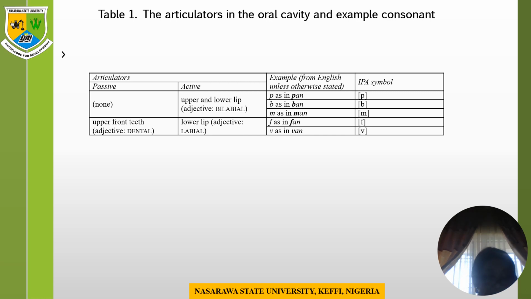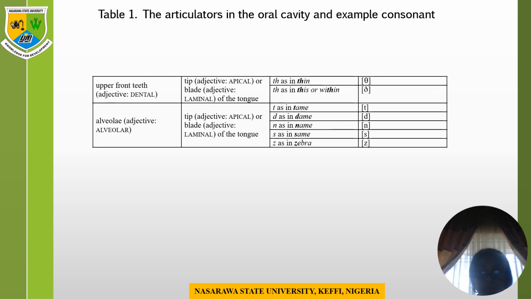And now, on the left-hand side, as a passive articulator, you have upper front teeth. The adjective for it is dental. As active articulator, you have the tip of the tongue or blade. The adjective for this is laminal.